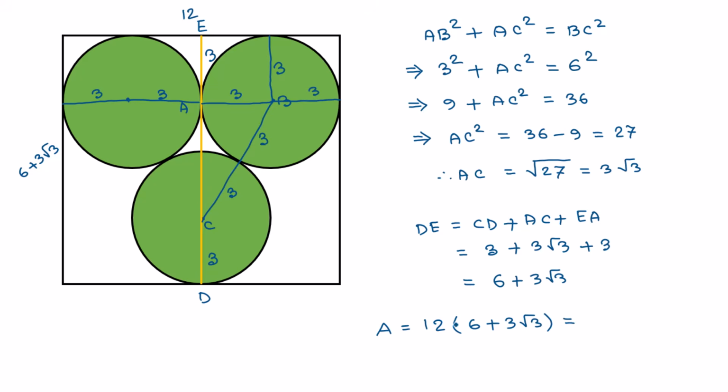Multiplying this, we get 6 times 12 is 72 plus 3 times 12, this is 36. So 36 times square root of 3, and this is the area of this rectangle.